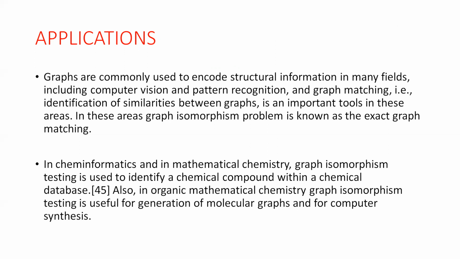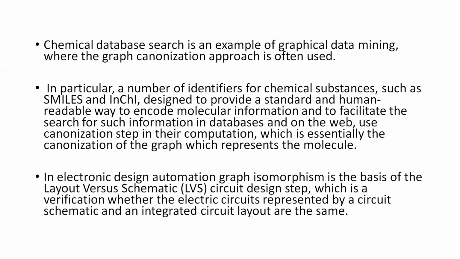In cheminformatics and in mathematical chemistry, graph isomorphism testing is used to identify a chemical compound within a chemical database. Also, in organic mathematical chemistry, graph isomorphism testing is useful for generation of molecular graphs and for computer synthesis. Chemical database search is an example of graphical data mining where the graph canonization approach is often used.